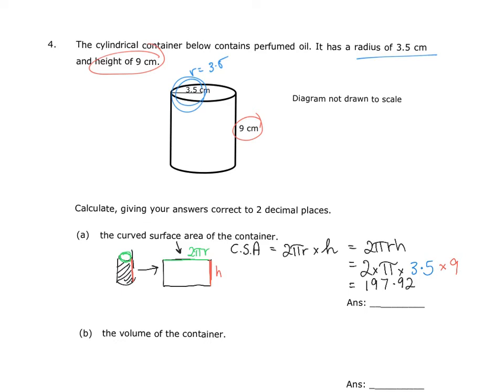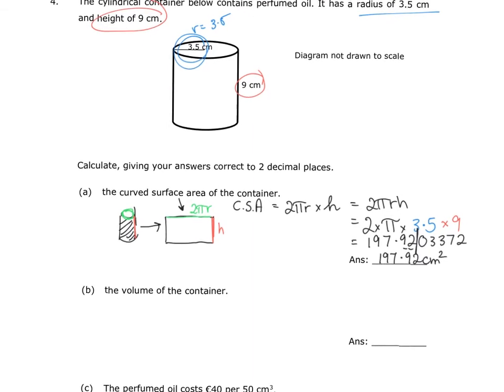You get 197.92 to 2 decimal places. You actually get more digits, but to 2 decimal places we stop there. 0 won't give us anything, so 197.92 centimeters squared, because this is area.